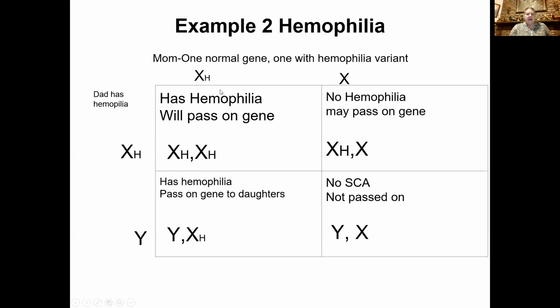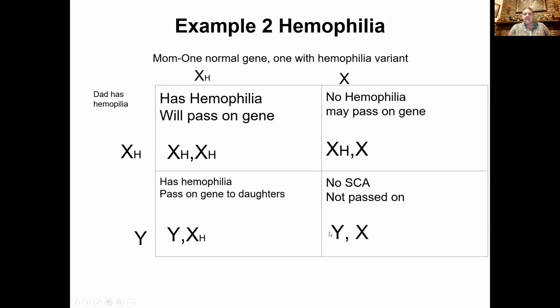So this next child, we have our hemophilia. This one is a boy because we have Y and X, got the Y from dad, so that makes it a male. The X from mom, unfortunately, there's only one X, so this male is going to have hemophilia. He's going to pass it on to all the daughters because this X will go to all the daughters, so every daughter is going to carry that genetic variant.